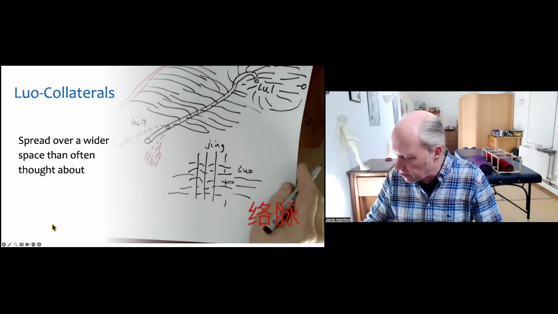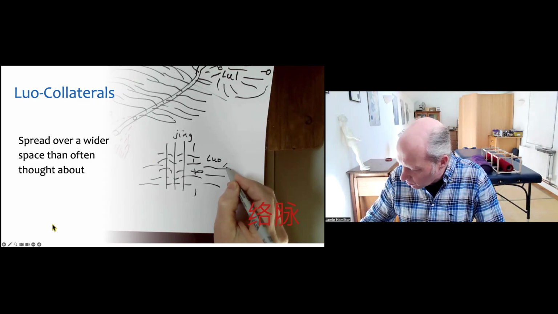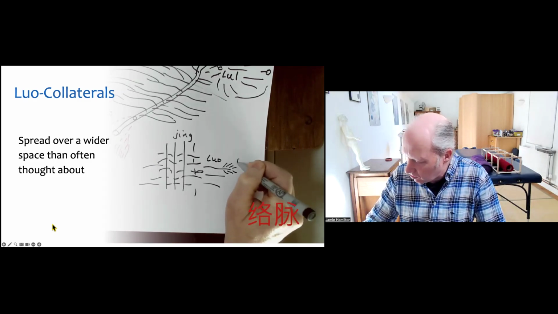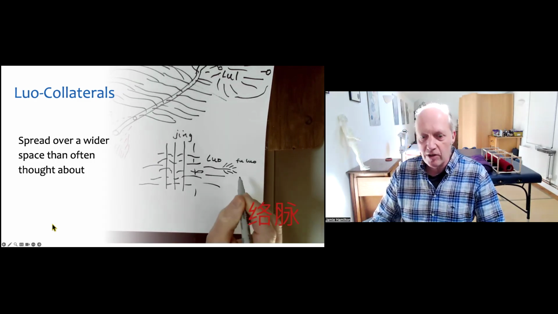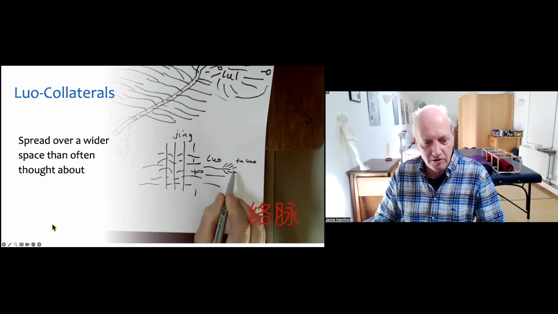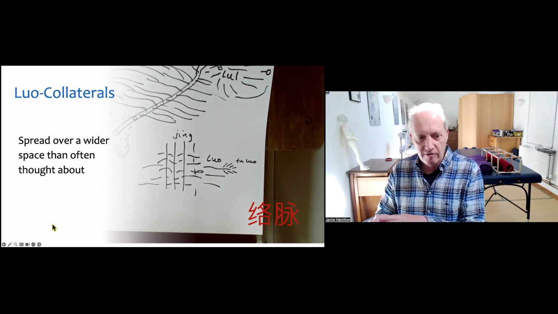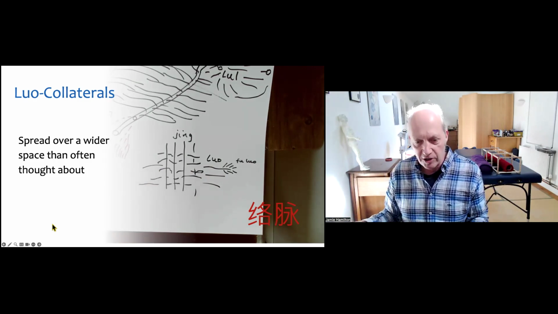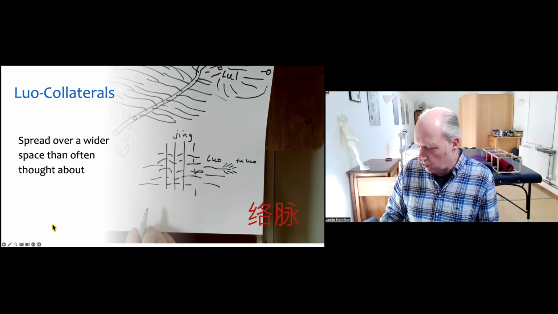And I should just mention that from the small horizontal Luo, there are also subsidiary small ones. I think this is called the fu luo, the floating luo. These are tiny collaterals that come off the main luo. So this is a bit like a tree with vertical trunks and stems, horizontal big branches, and then small branches, the fu luo.